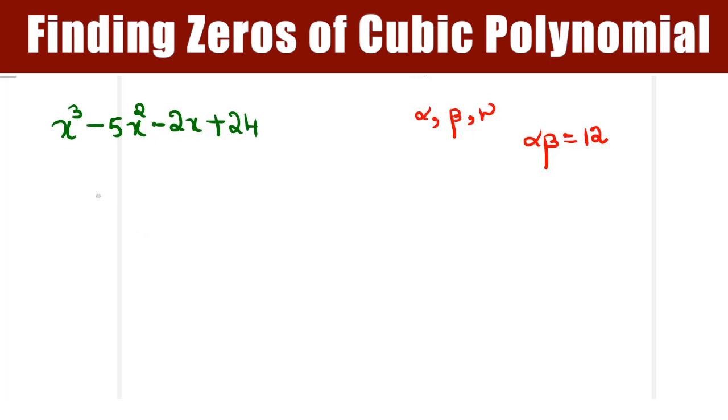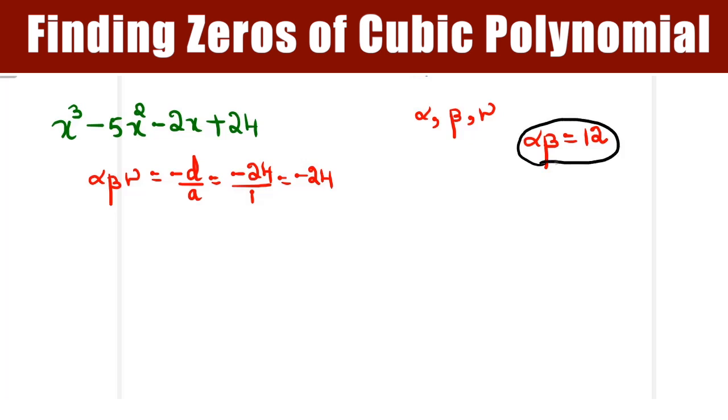Now, let us calculate alpha beta gamma, the product, from the coefficients. So, we know that the product of the three zeros is nothing but minus d by a. In this case, minus 24 by 1, so minus 24. Now, the input condition given to us is alpha beta is equal to 12.